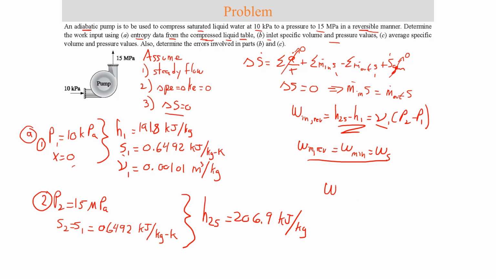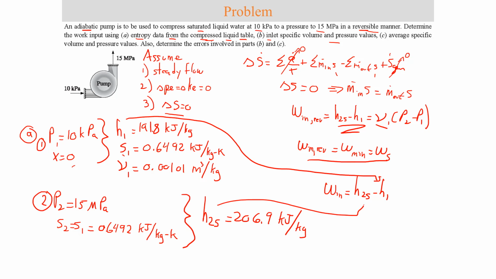So in this case, the work into the pump will equal the enthalpy coming out if it were isentropic minus the enthalpy going in. So this would be h1, this would be h2. So the work per mass ends up being 15.1 kilojoules per kilogram.